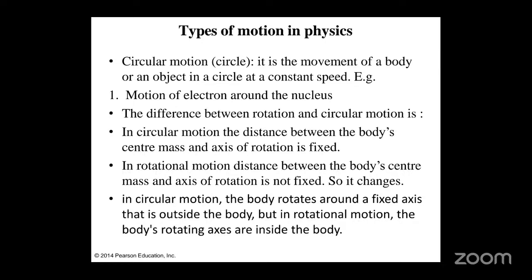In a circular motion, the distance between the body's center of mass and the axis of rotation is fixed, while in rotational motion, the distance between the body's center of mass and the axis of rotation is not fixed. It keeps changing.